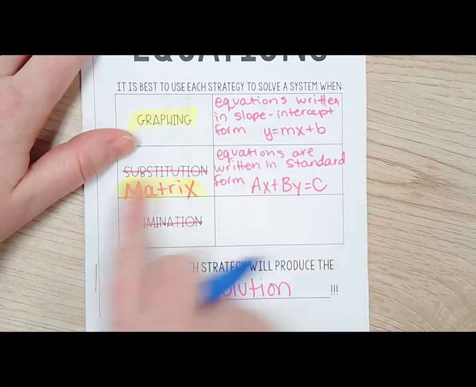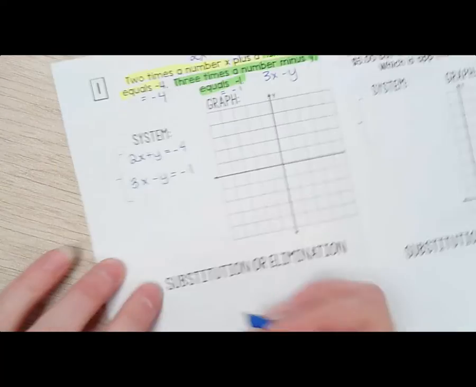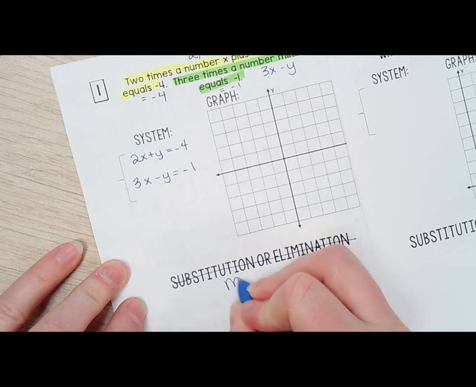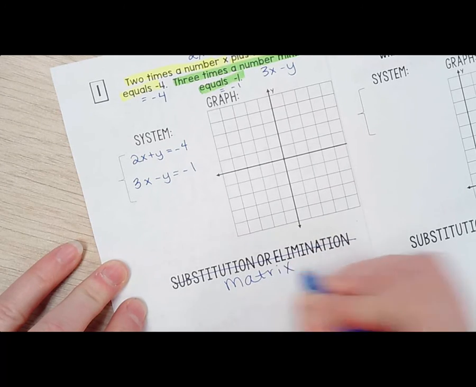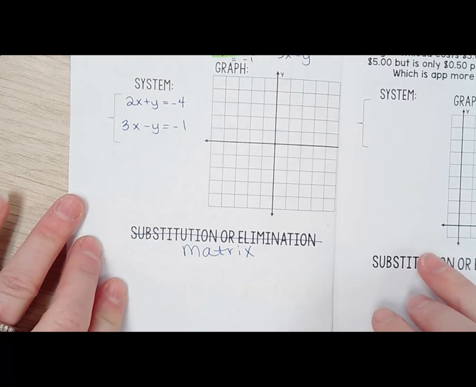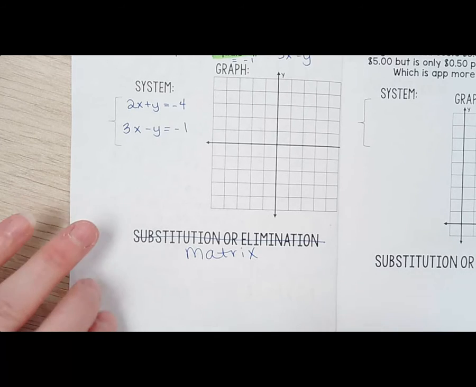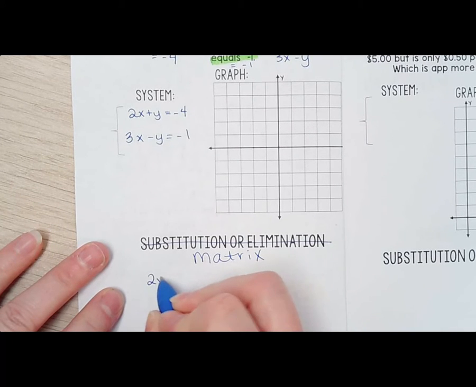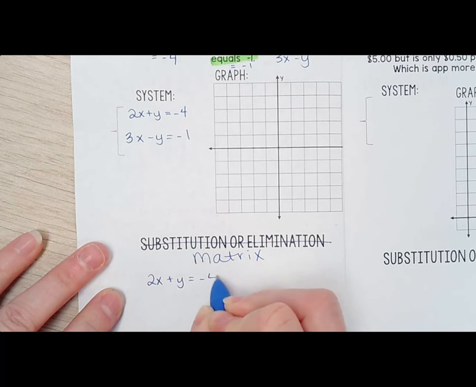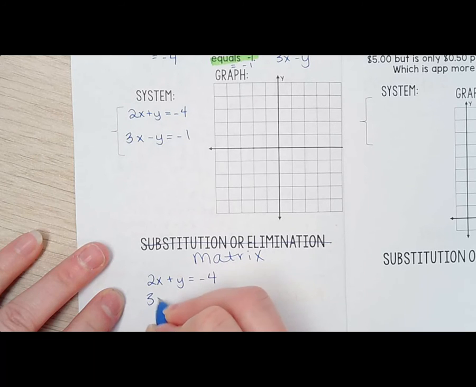What did we say over here? Matrix. Yeah, we're just going to use matrix to solve it. So let's look. Instead of substitution elimination, we're going to write matrix. And we are going to write these down again so that we can transfer it into a matrix.